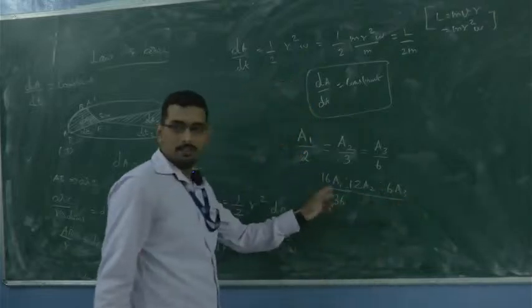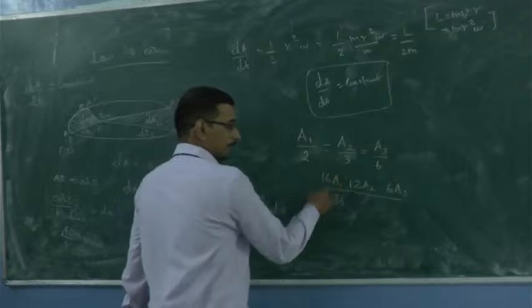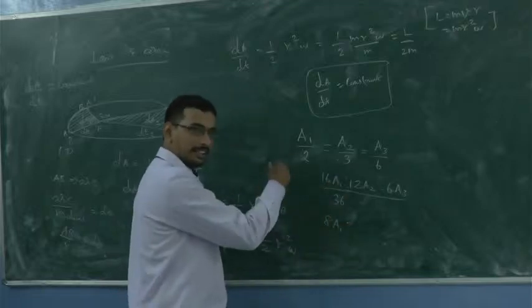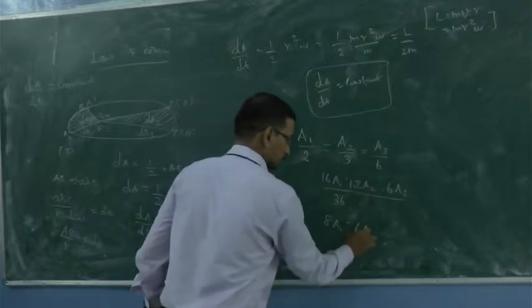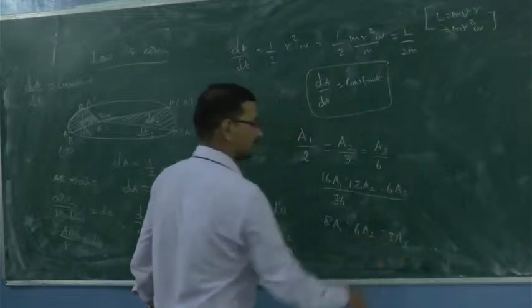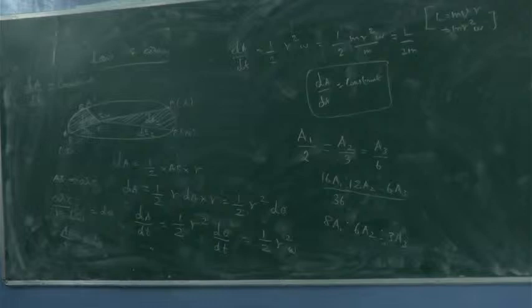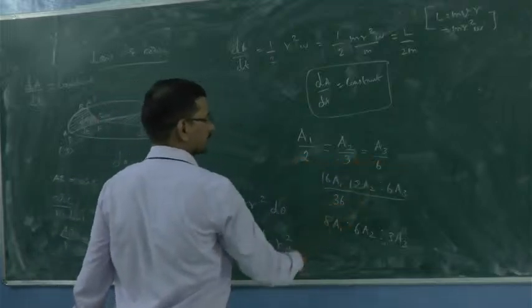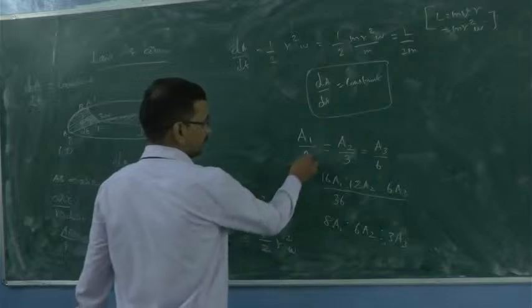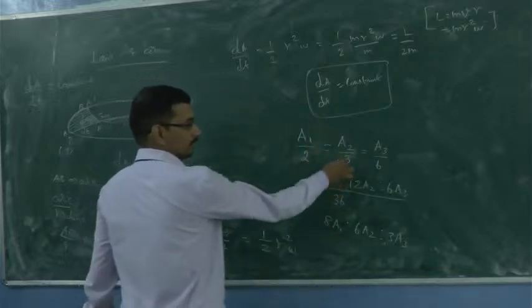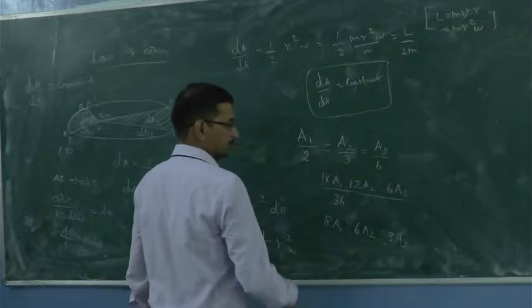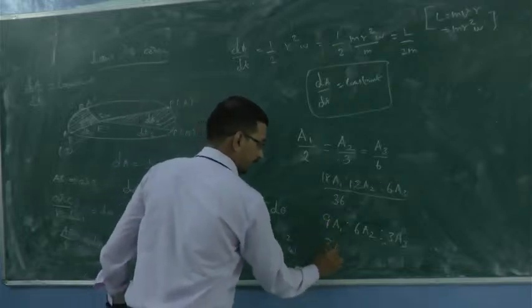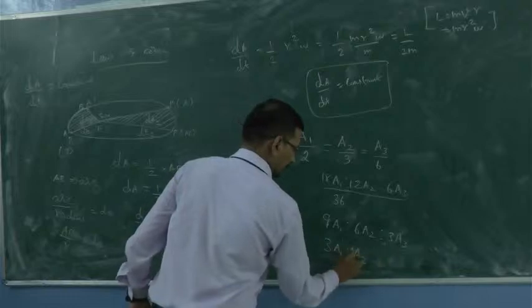In a ratio the common term can be removed, so dividing by the common factor 6, we get 3A1 is to 2A2 is to A3.